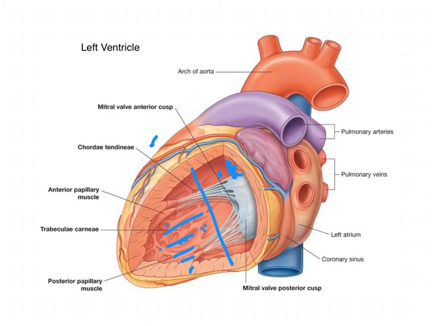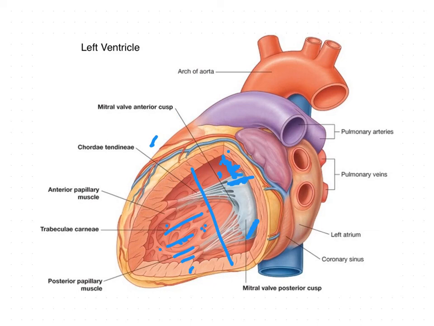And also the anterior cusp of the mitral valve. So this vestibule is present in between the membranous part of the interventricular septum and the anterior cusp of the mitral valve. This one is the anterior cusp and this one is the posterior cusp.